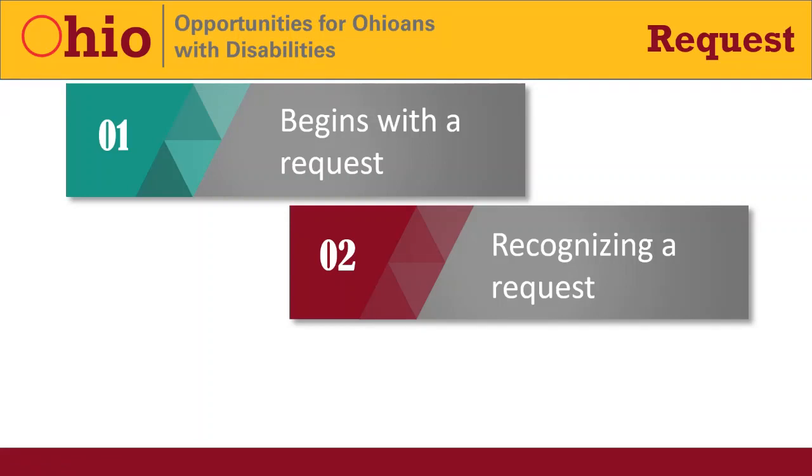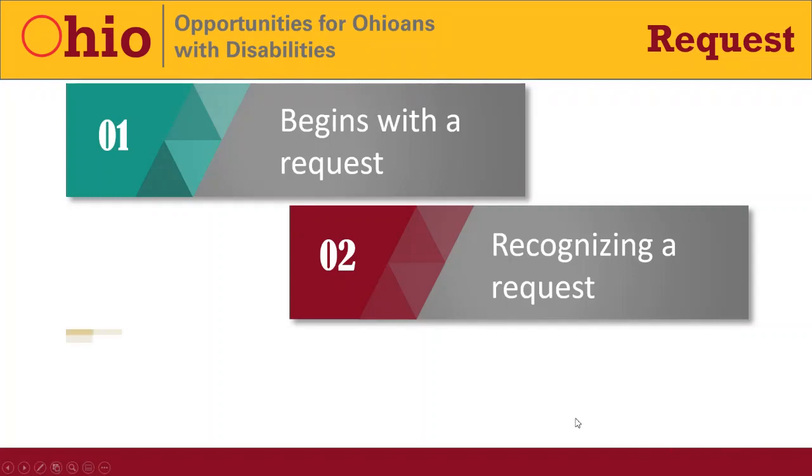Although this is a request for a change at work, the statement is insufficient to put the employer on notice that he is requesting reasonable accommodation because he does not link the need for the new chair with a disability or a medical condition. Those examples do help to illustrate how to recognize a request for a reasonable accommodation.